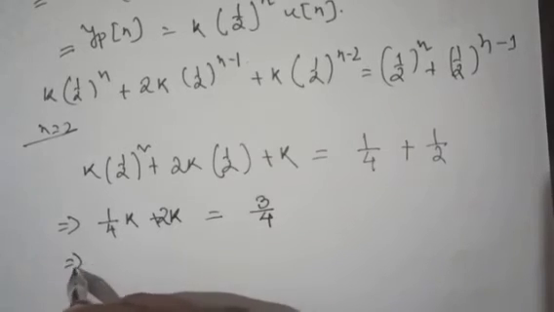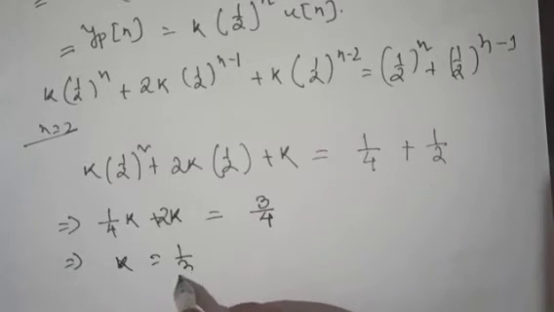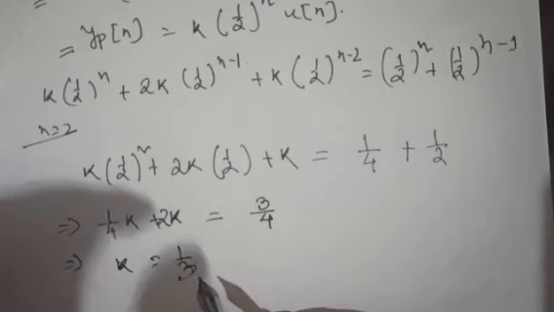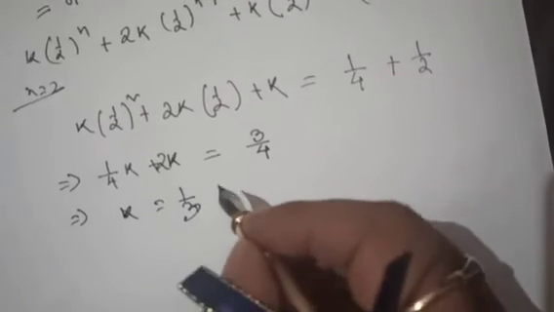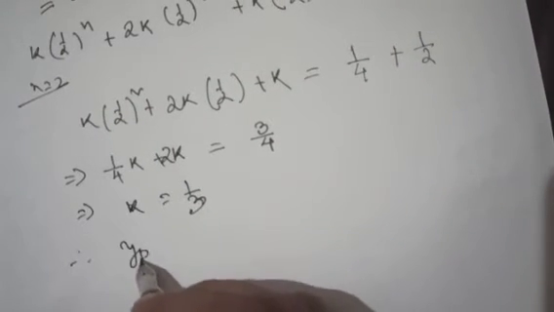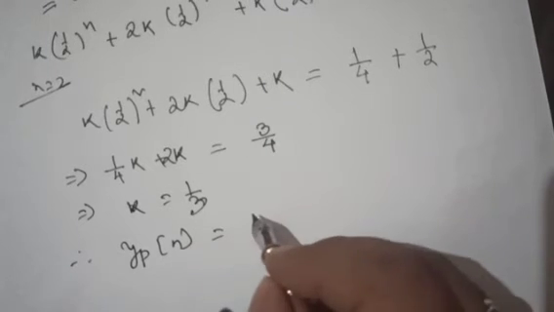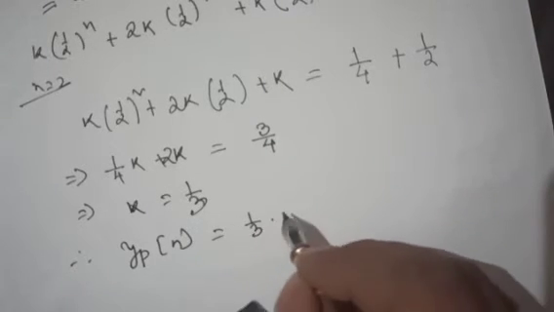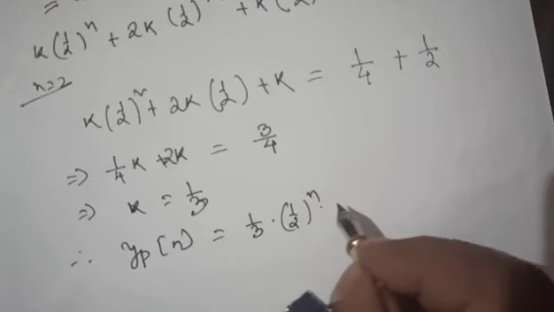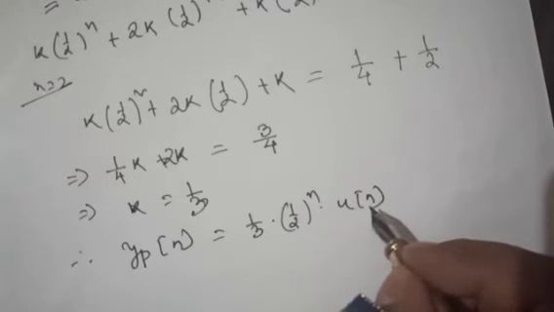From this, k will be equal to 1/3. Therefore the particular solution y_p(n), with k = 1/3, is (1/3)(1/2)^n u(n).